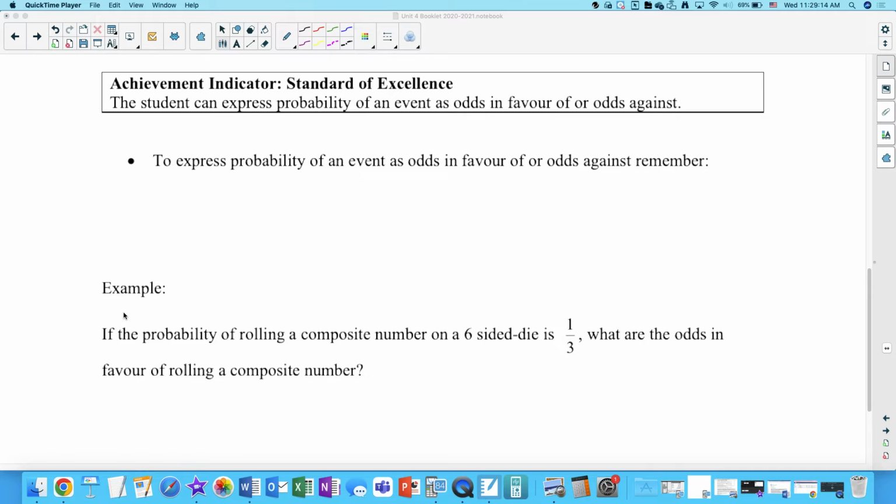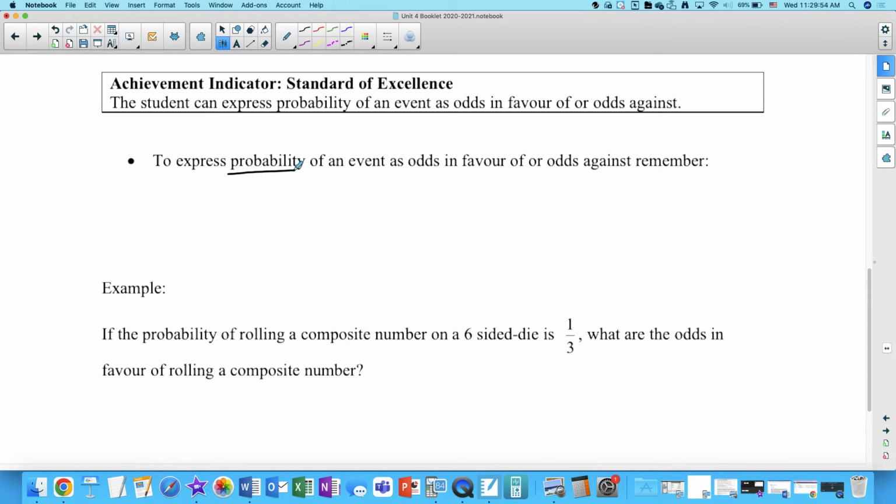Okay, the most challenging question, or the one where people got a little bit stumped, is when you're given probability and you have to figure out odds. So really important, odds in favor and odds against. When you have probability, you have A over total, right? So P(A) is A over total, the number of outcomes favorable to A over the total number of outcomes.